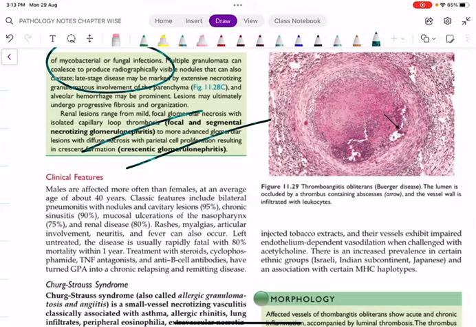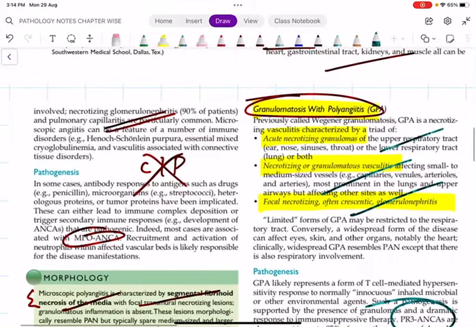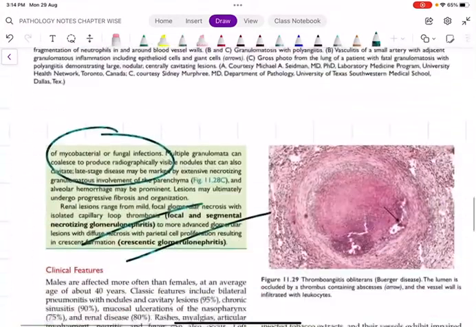Again, what case scenario might they give? For granulomatosis with polyangiitis, you won't get that many case scenario based questions, because microscopic polyangiitis and GPA are overlapping. They differ only in ANCA: MPO ANCA in microscopic polyangiitis, and PR3 ANCA in granulomatosis with polyangiitis. That is the difference.